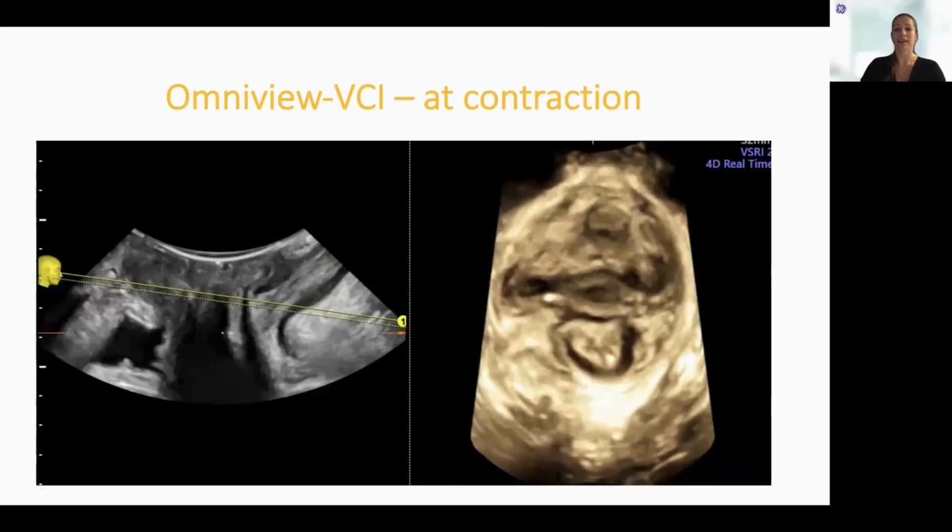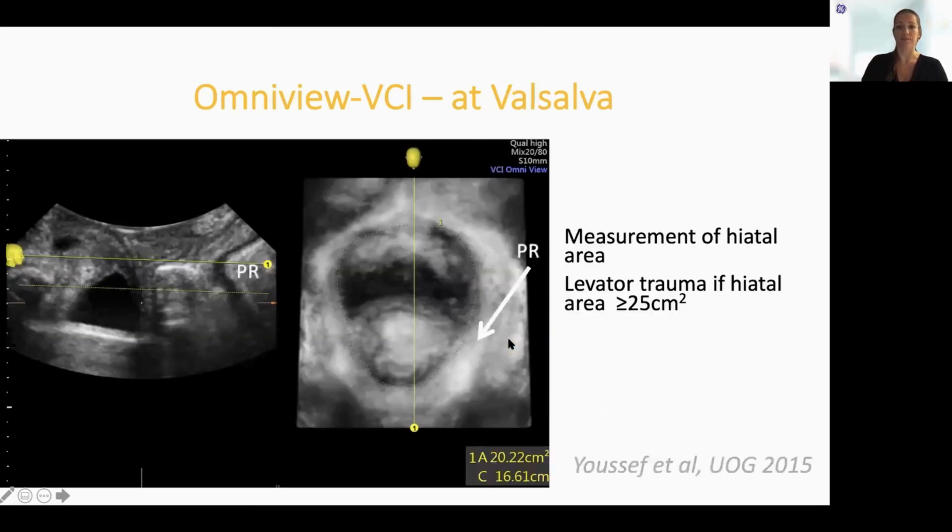And here is another case where we ask women to contract, and we see that on the left side there is no detachment, and then on the right side something is happening, and we see here that there is an avulsion of the levator muscle.